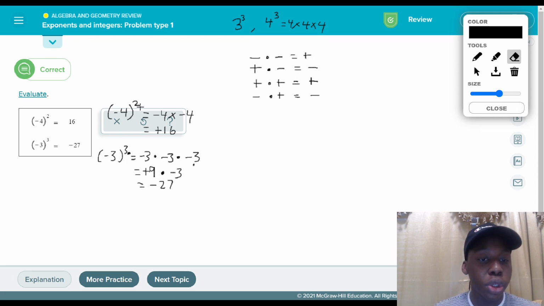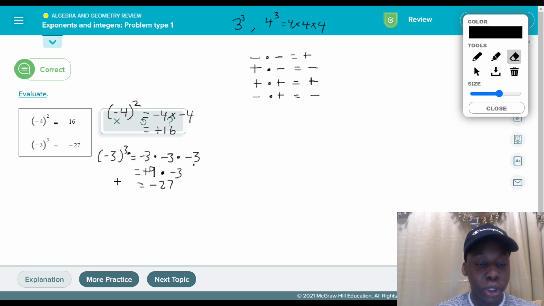The number up here was 2, and the number inside was minus 4. So we had to multiply minus 4 by itself twice. When we multiplied minus times a minus, that gave us a plus based on this table here. And 4 times 4 gave us 16.